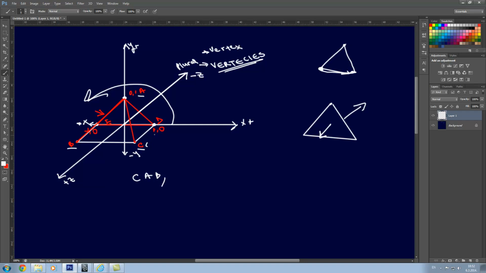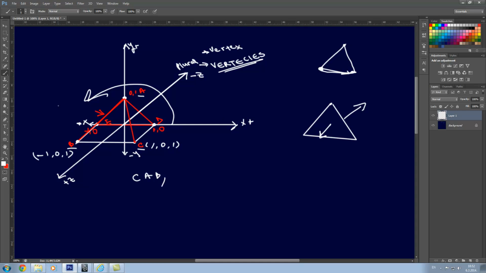Now, of course, you're going to plug in the CAB. Because C here is like how much? It is 1 in X, 0 in Y, and 1 in Z, right? B here is -1 in X, 0 in Y, plus 1 in Z, right? And here E is lying, in fact, on the x-axis right here.